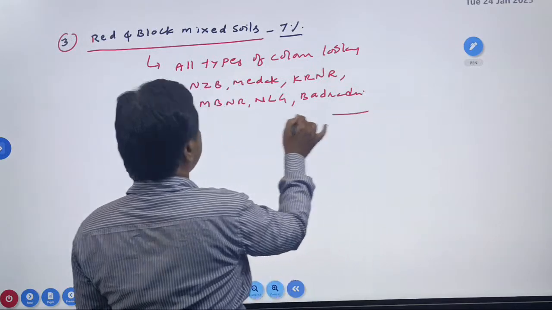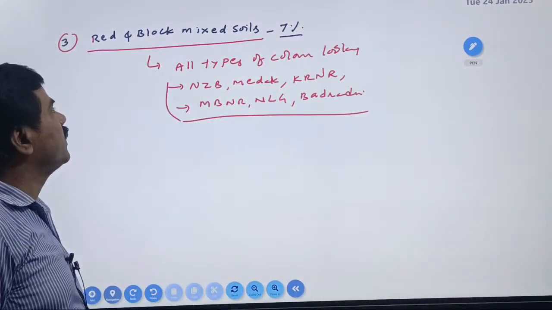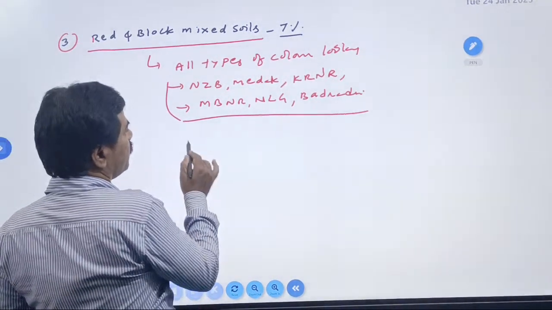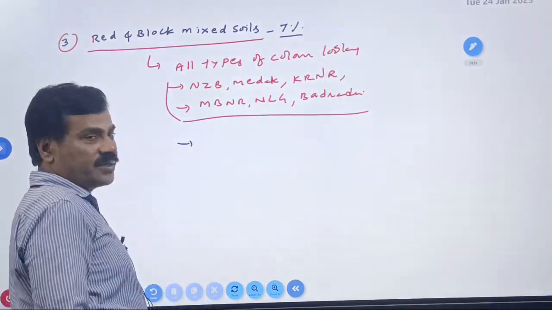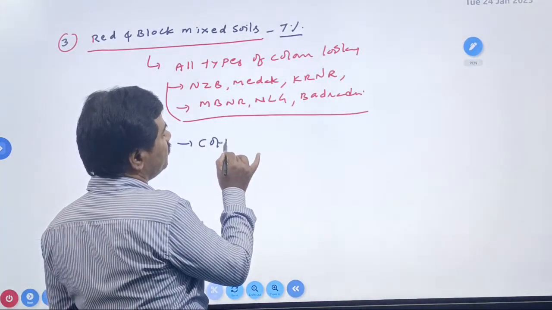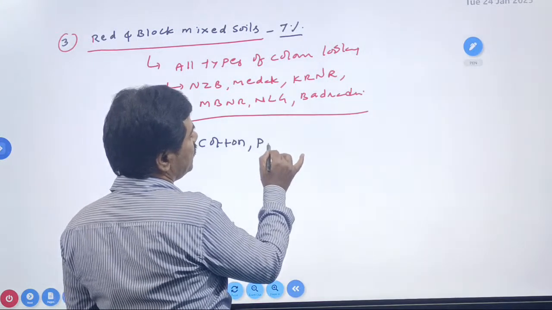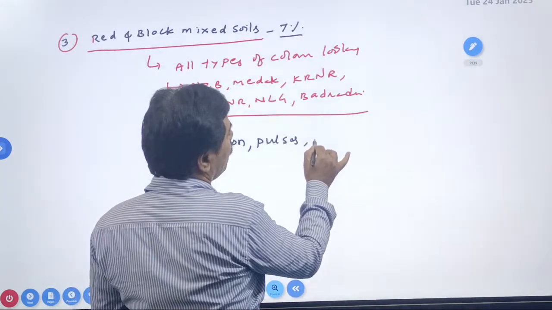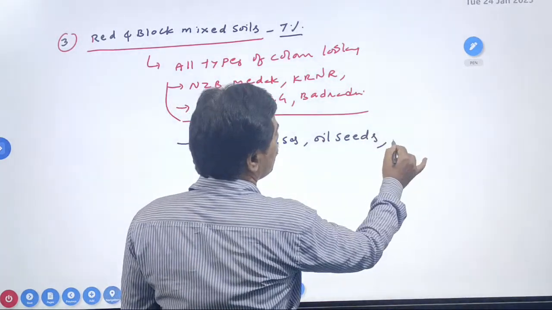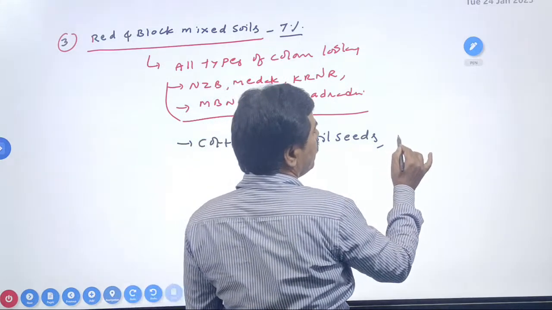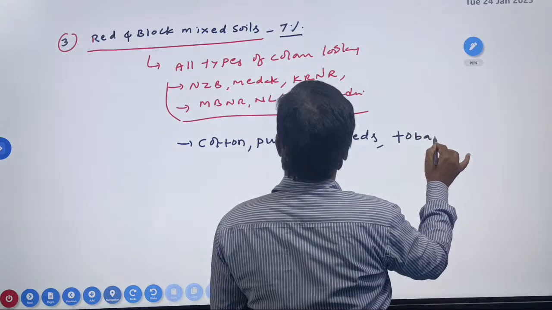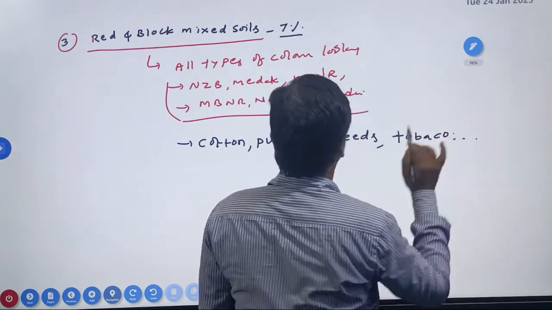These are the districts which have this mixed color the most. They are used for cotton cultivation, pulses, oil seeds, and also commercial crops like tobacco, etc.